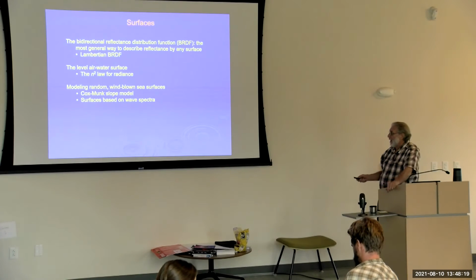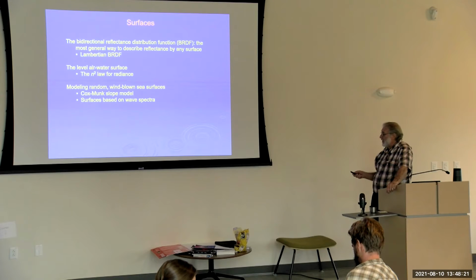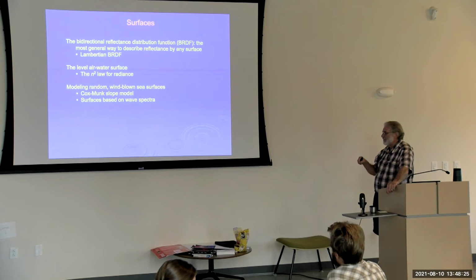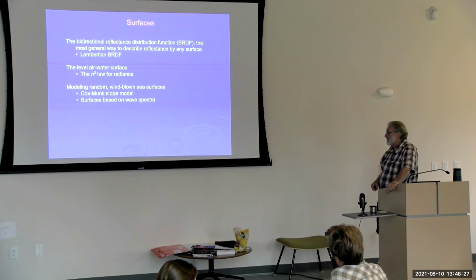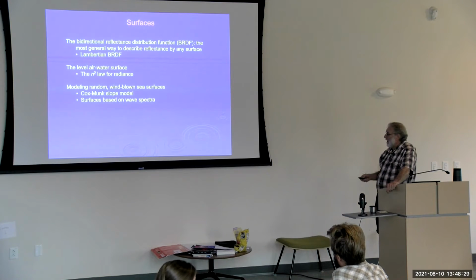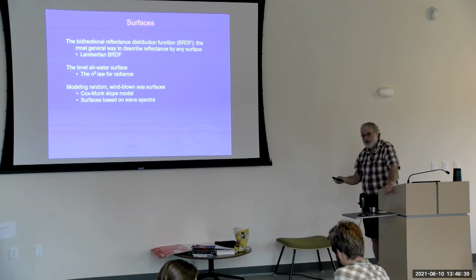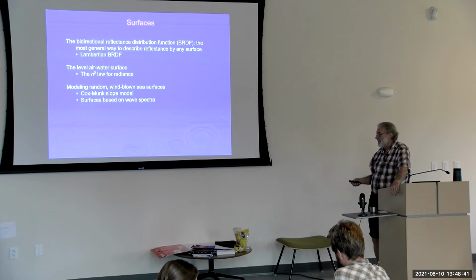And there's this thing we've mentioned called the bidirectional reflectance distribution function, the BRDF. It's how you describe reflectances by any surface. We'll define that, talk about it. We'll talk about what a Lambertian surface is. And you've been hearing that word from the first day of class.